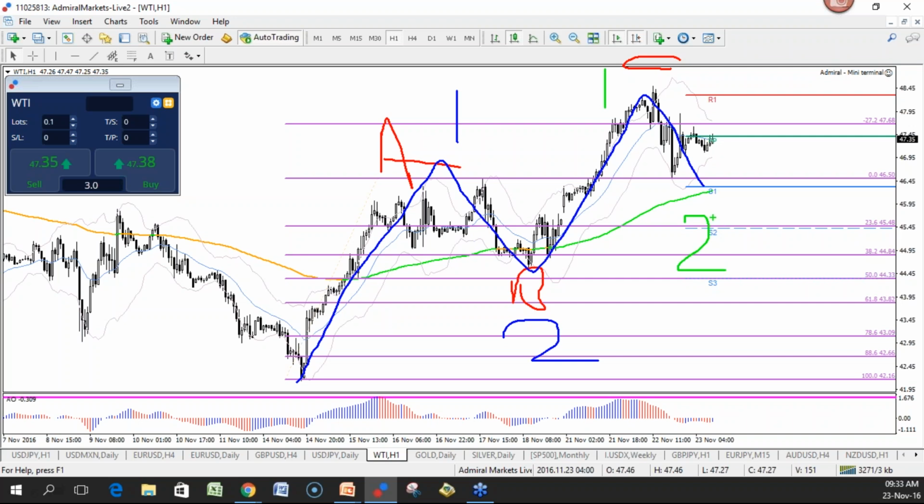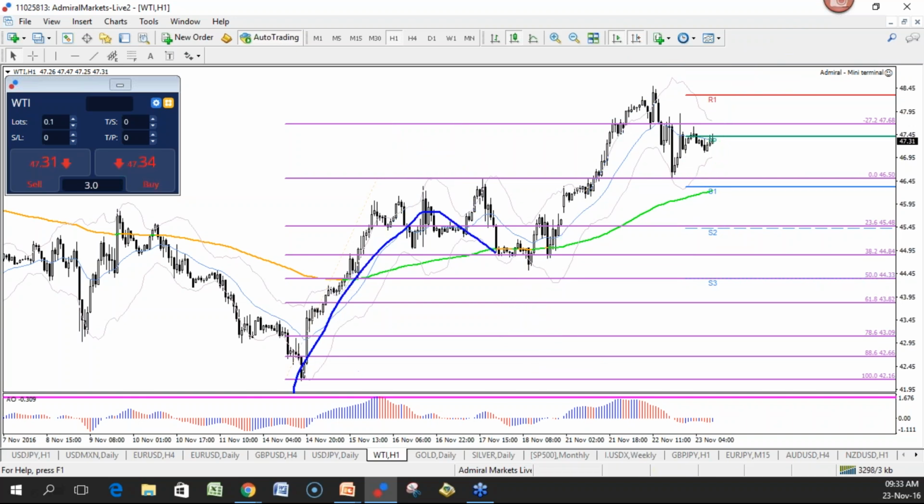And the wave 1, 2, this could get a 3, and then we'll see a 4, 5 to finish a blue 3. So those two now seem more likely than this being a 1, 2, 3, 4, 5.